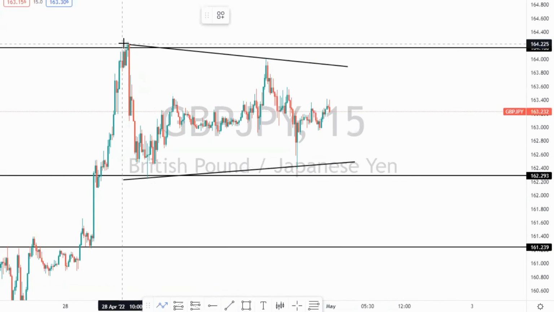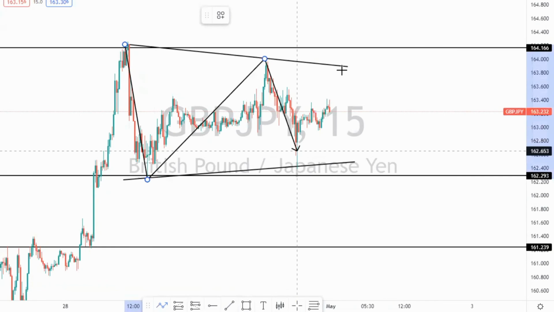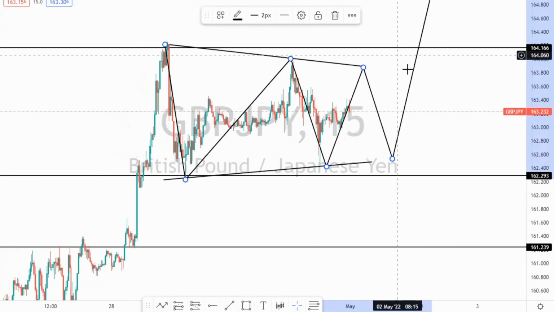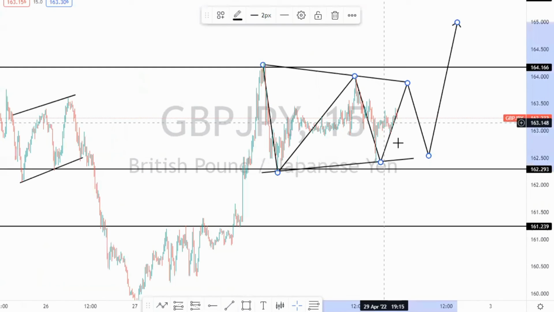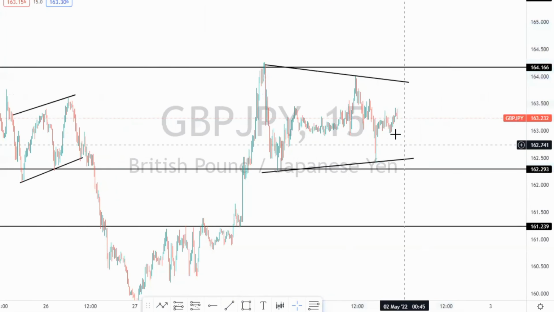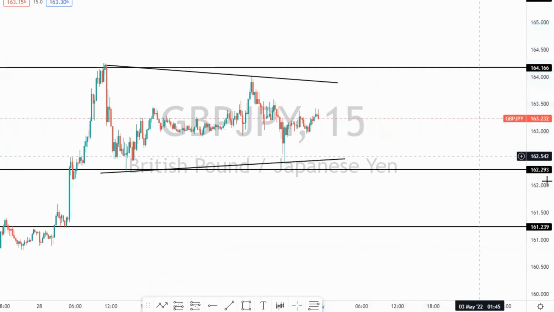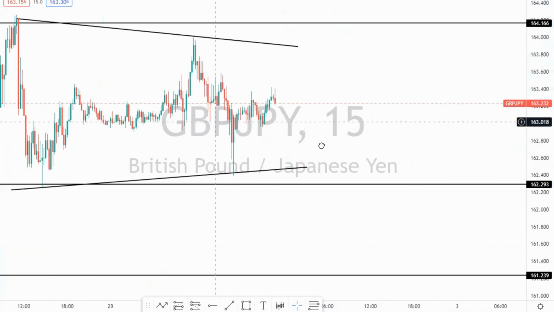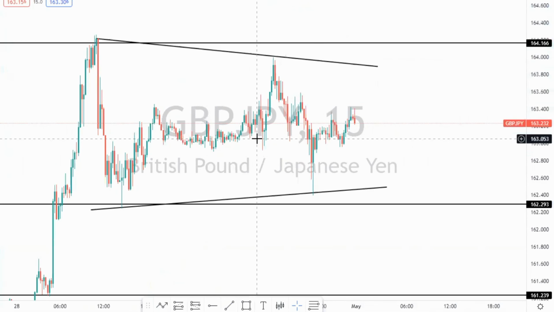So my anticipation will be this is just a correction to continue going to the upside of the trend. But you need to be aware of what is happening inside.